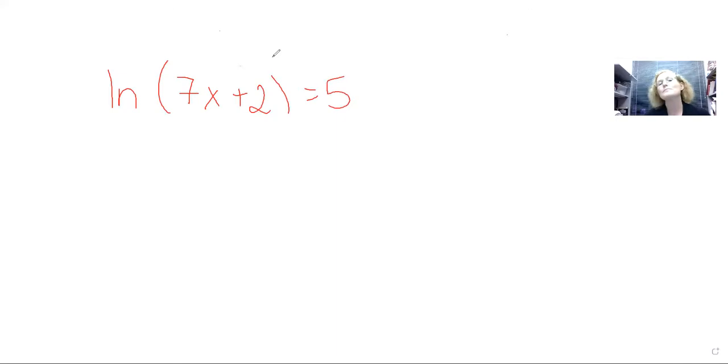So this one's going to be one of those weird ones. So we're going to say the natural log of 7x plus 2 equals 5. So what I want you to remember is this: natural log is one of those 2 special cases.